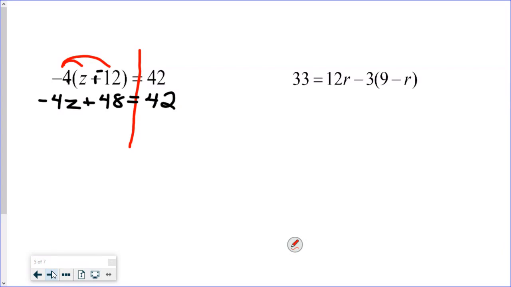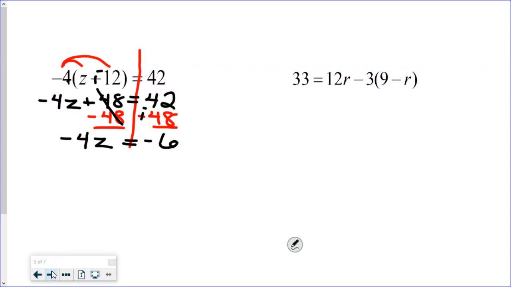Now, let's solve. Okay, distributing means taking whatever's outside parentheses times what's inside. Okay, leave the -4z, move everything else on the same side. Be careful. That goes away, so I still have that -4z. So what is 42 minus 48? I would do that in my calculator, or you think of it as 42 plus a -48.